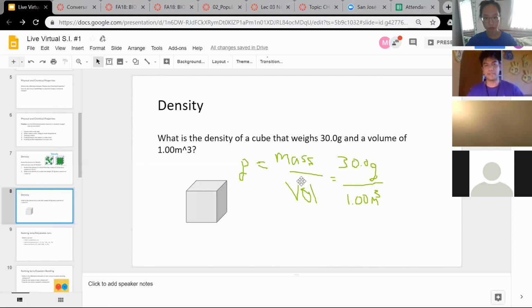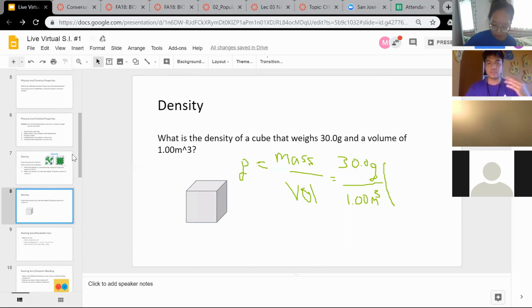However, we know that density should be in either milliliters or centimeters cubed. So now we have to convert that. This is probably the most extreme case of calculating density, because you have to convert meters cubed into centimeters cubed, or centimeters cubed to milliliters, but we will talk about that later.